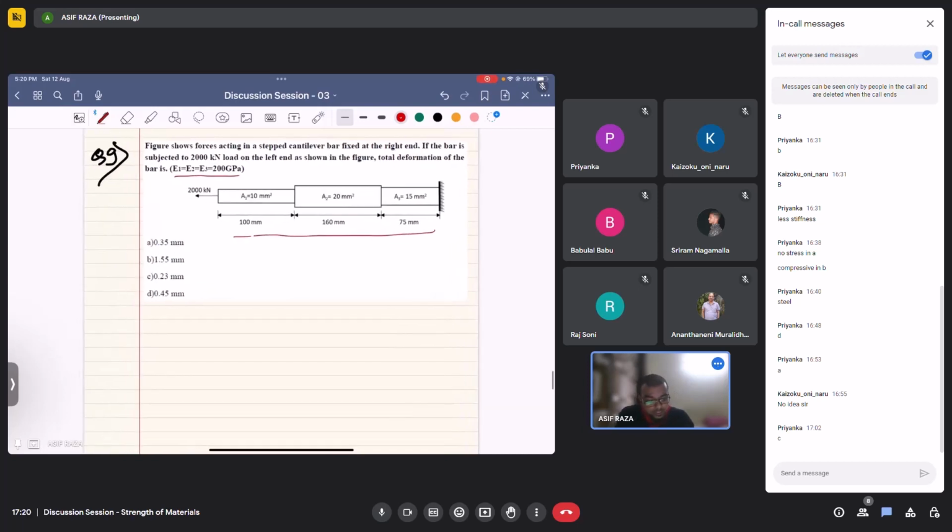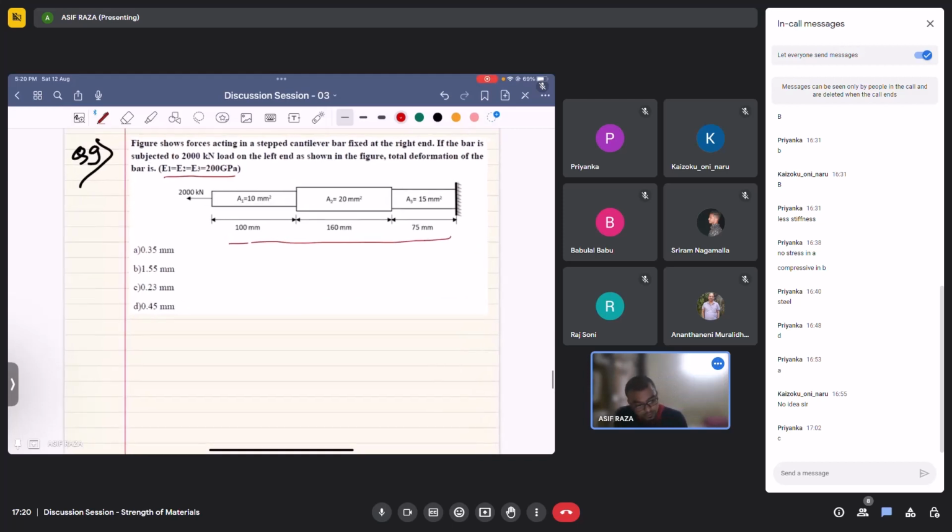I will give you guys a bit of time to solve this. Meanwhile, I'll just solve this myself also. So for this, let me draw this.